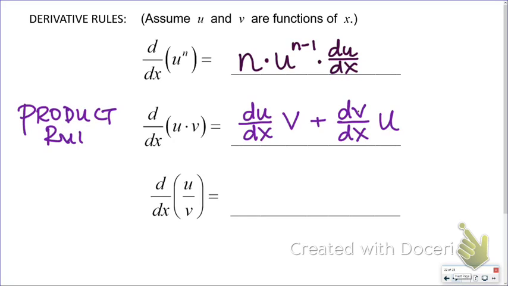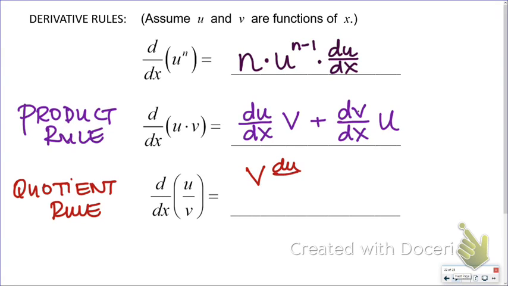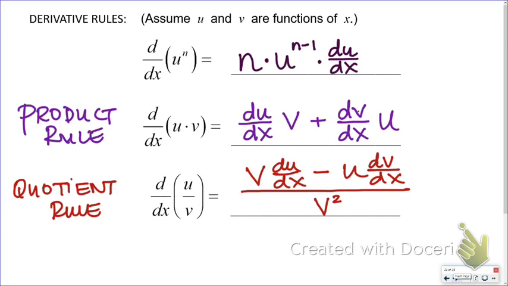The product rule showing the chain rule. And then lastly, down here on the bottom, I'm going to have the quotient rule. That's going to be the denominator times the derivative of the numerator minus the numerator times the derivative of the denominator, divided by the denominator squared.